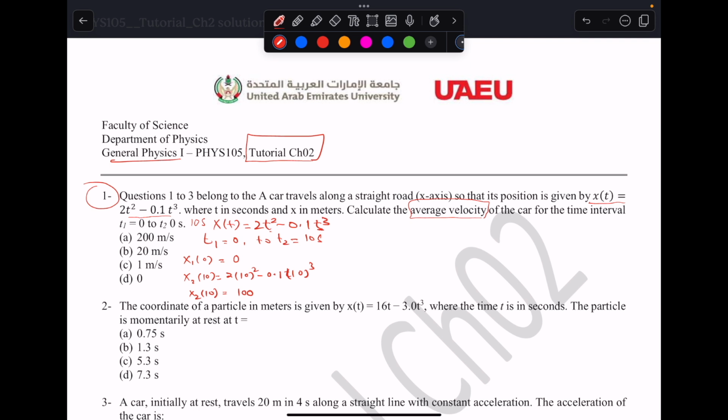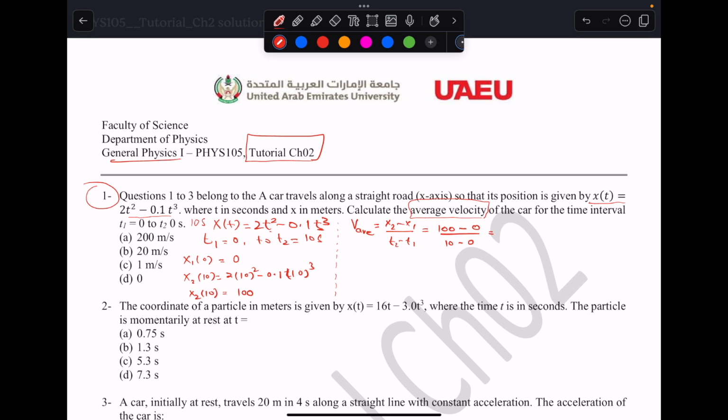Okay, so what is the formula for the average velocity? V average is x2 minus x1 divided by t2 minus t1. So your velocity will be x2 is 100 minus 0, t2 is 10 minus 0.